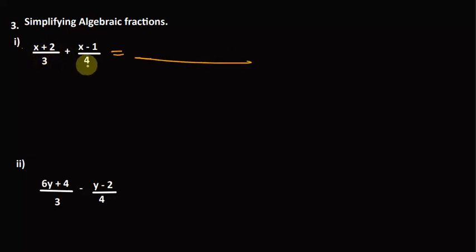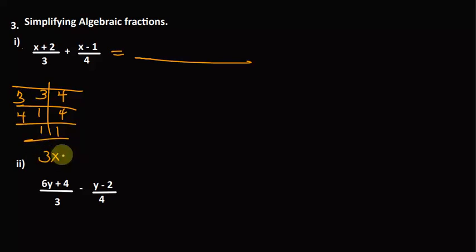What is the LCM of 3 and 4? LCM of 3 and 4 is 12. Just by 3 because of 1, 4, and by 4 direct because of 1 and 1. So what is 3 times 4? That is 12. So, LCM is 12.